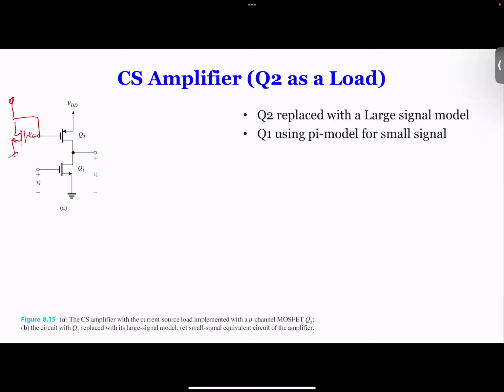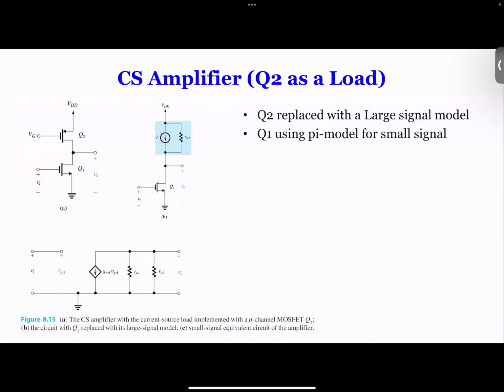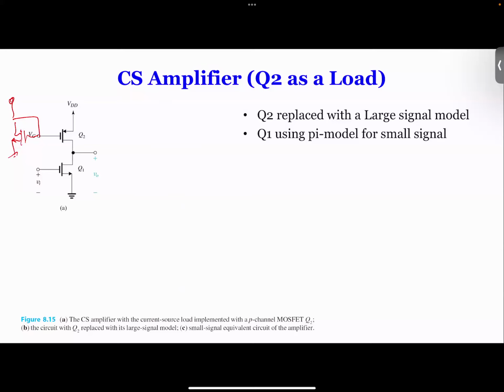So basically we neglected that part and simply leave Q2 here as a current source so that we can analyze the circuit. Then we can still do the equivalent circuit. So we can do the equivalent circuit like this.